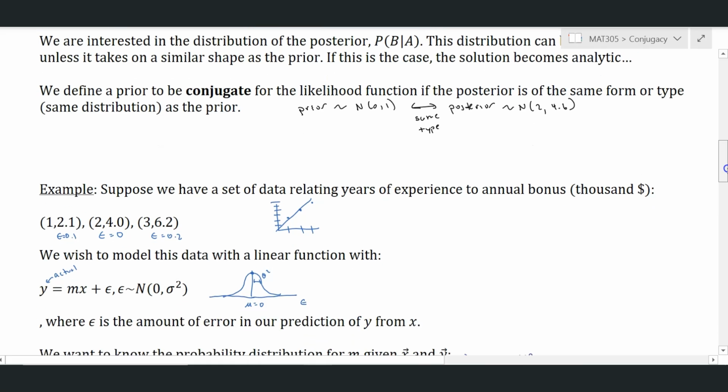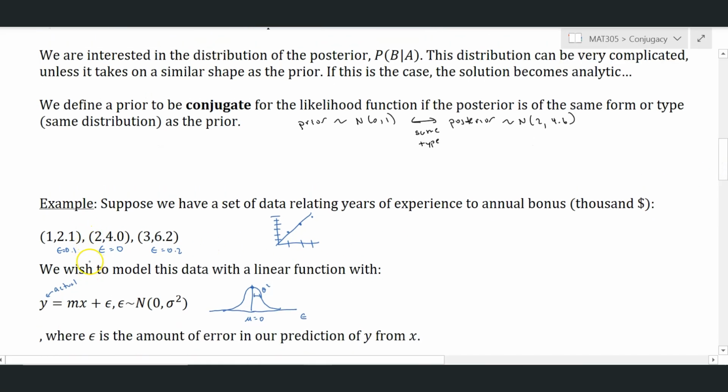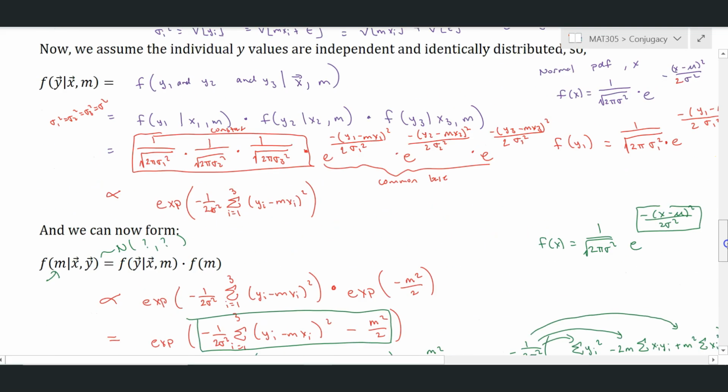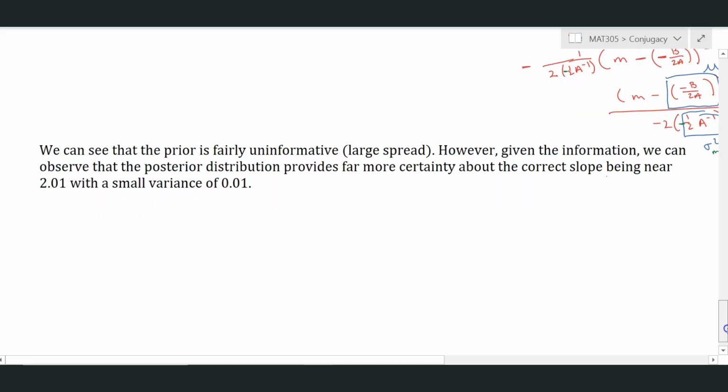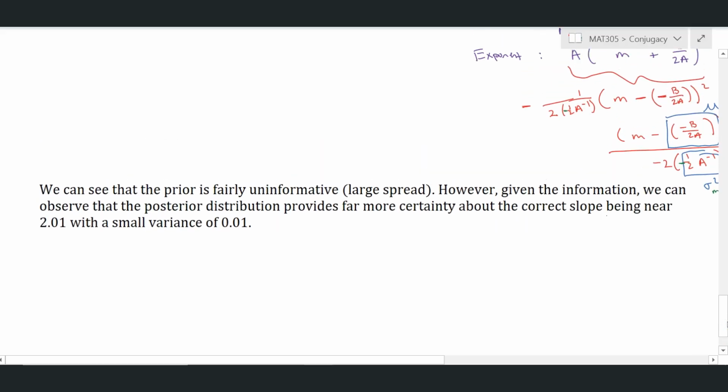So recall back up here, we said, if m was equal to 2, then you'd have these small errors. And because every random sample is random, every m that we come up with on each data set might be slightly different. But given the data, it should be mean 2.01 with the small variance of 0.01.